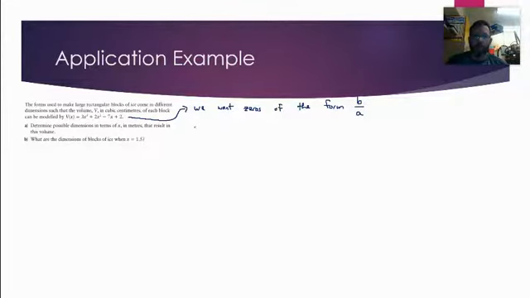So what do we know? We know b must be a factor of 2, which means that b can be positive or negative 1 or positive or negative 2.